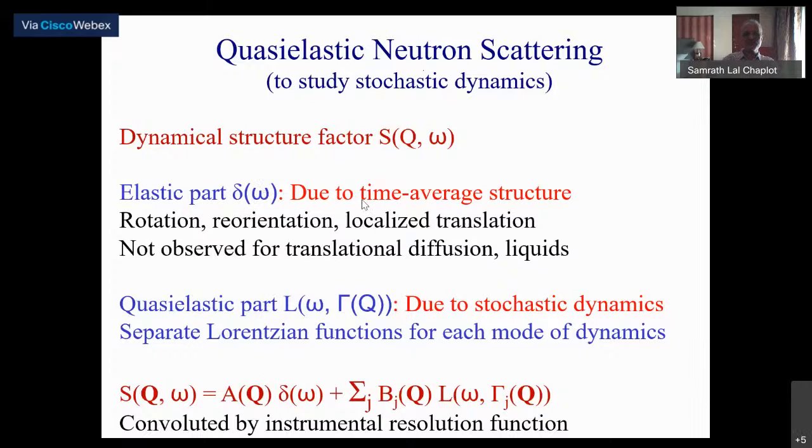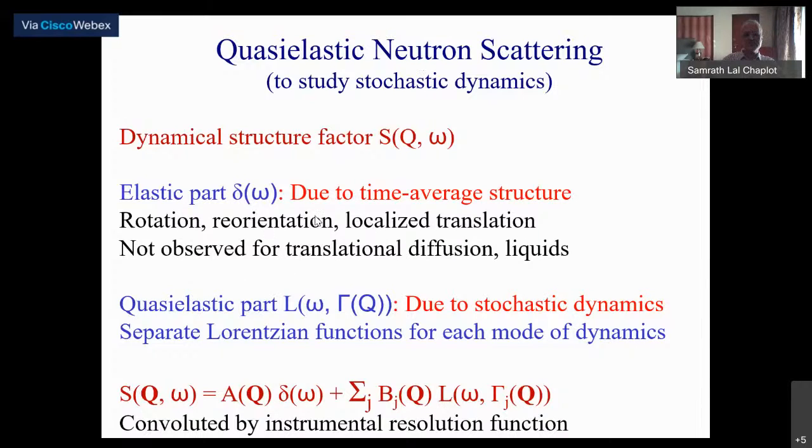The elastic part comes due to the time average structure. So typically, if you have any localized stochastic dynamics, namely say rotations or reorientations or some local translational jumps between, let's say, two or more available sites only, any localized translational motion.